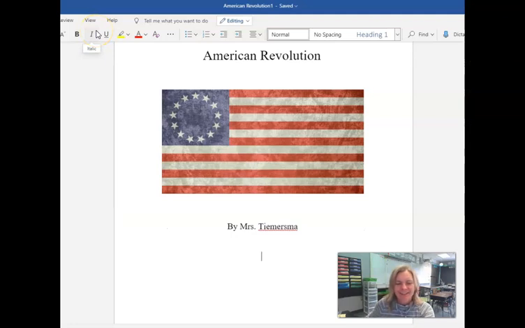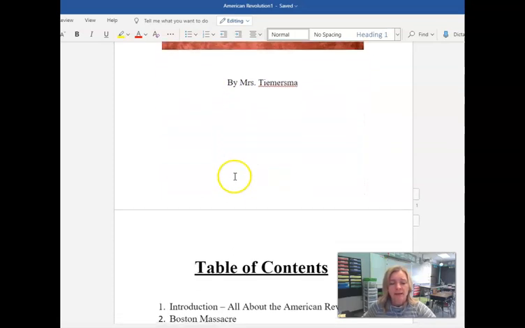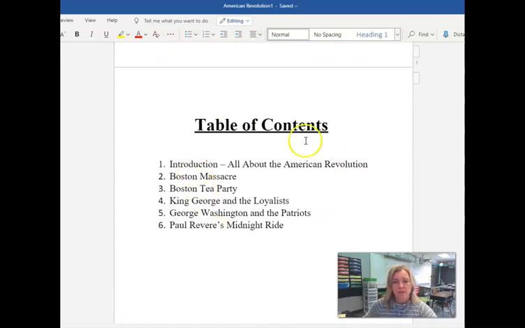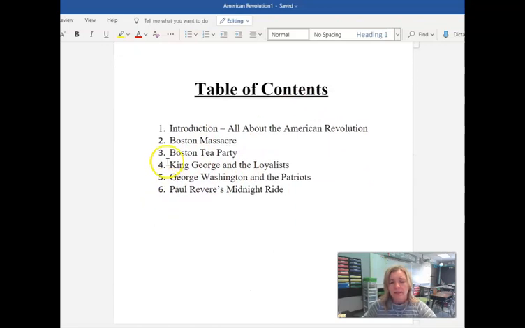Okay, writers, here is my book about the American Revolution, and here's my cover, which you should have done on Tuesday, and then here's my second page, the table of contents, and so far I have 6 chapters. I can always add more later, but I've been kind of rethinking this first one.